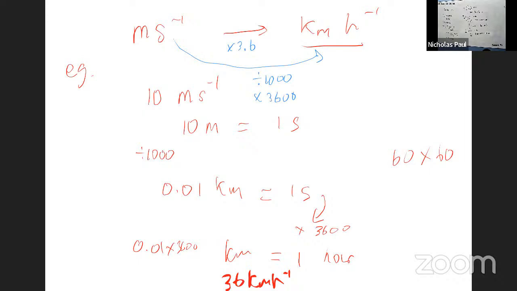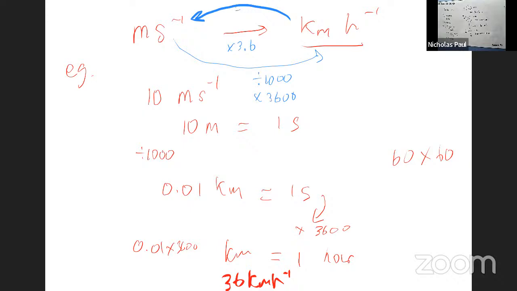I want to complete this flow chart here. How do I go the other way around? Divide by 3,600, but could you just divide by 3.6? No. Right? So you're not dividing by 3.6.